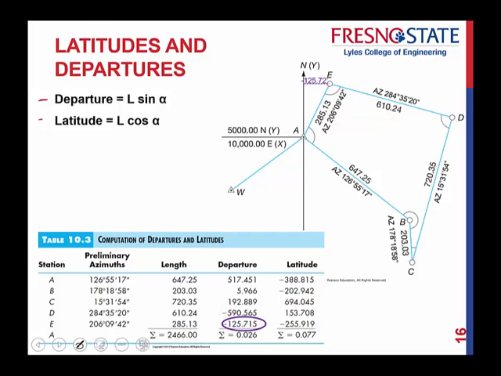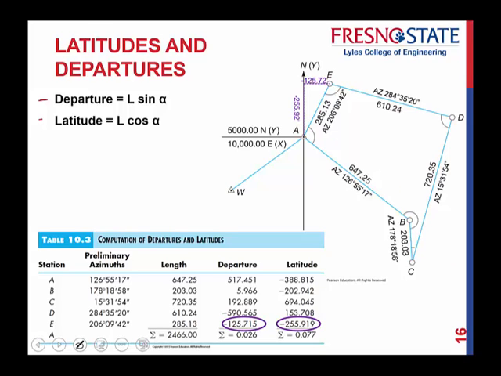Now in the end, this is where we're going to figure out what's really going on with this traverse and how well we did. Because in this instance, we're dealing with the actual lengths. We didn't just take balanced angles. No, we're taking the azimuths as well as the distances to calculate where we are. So finally at E, getting back from E to A, those are our departures and our latitudes.